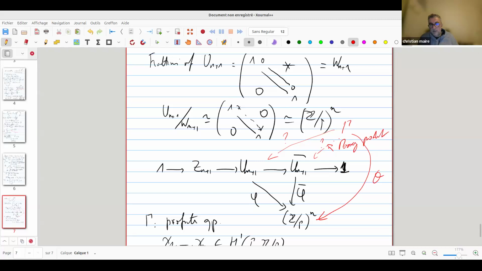If this map exists, we say that the Massey product associated to theta is defined. And if this other map exists, we say that the Massey product in fact vanishes. So it's just a question of lifting. You have a map from gamma to Z mod p^n, and you want to see if this map comes from the map through Un+1 or Un+1 bar. This is exactly a problem of Galois embedding of p-groups.